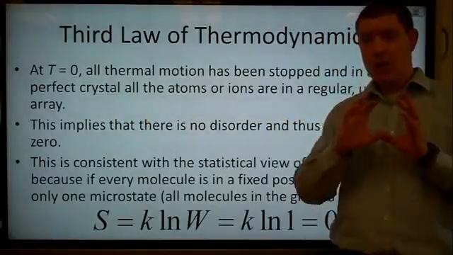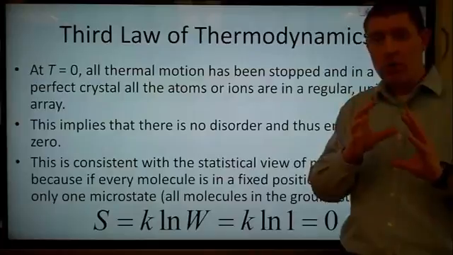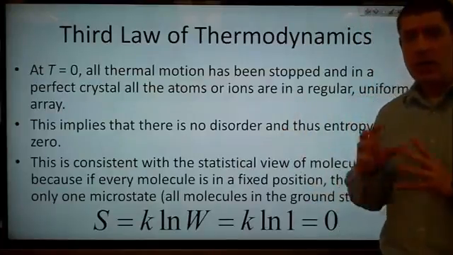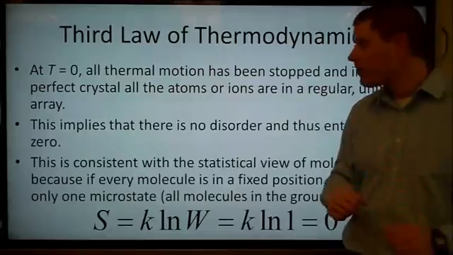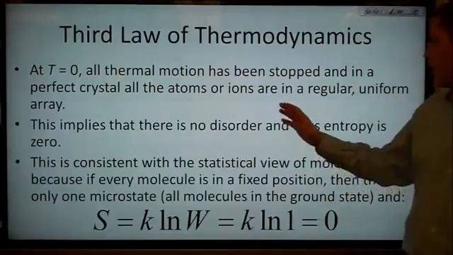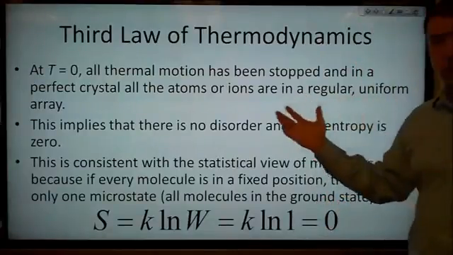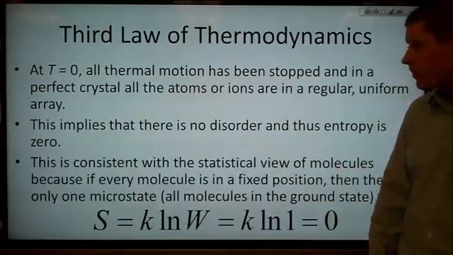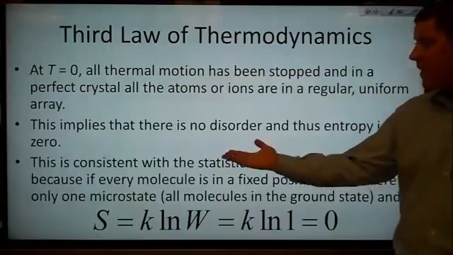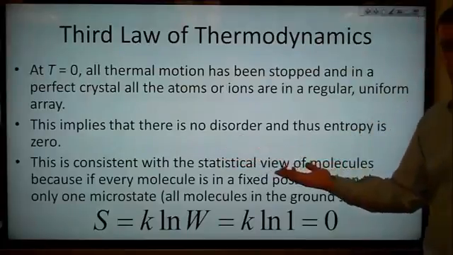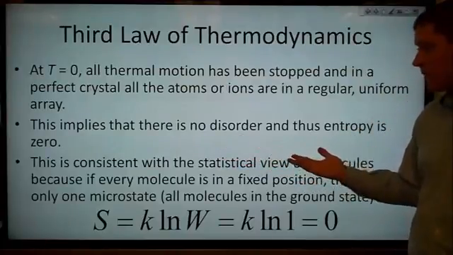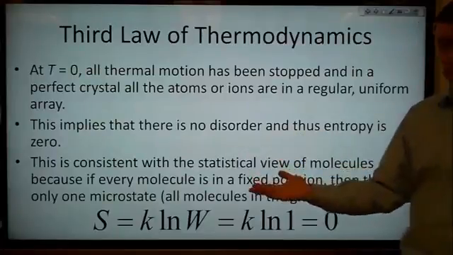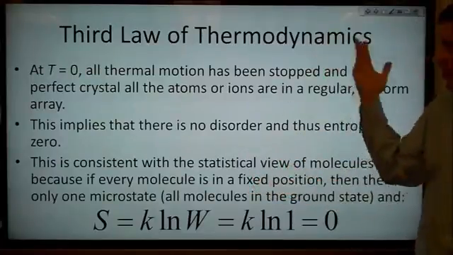Wherever the most thermodynamically favorable positions are for those atoms or ions, that's where they are. They're in the lattice positions within the crystal. If that's the case, then there's no disorder in our crystal, and thus the entropy must be 0. This is the basis for the third law.